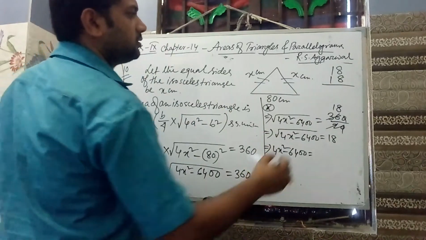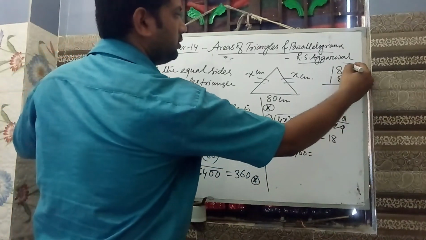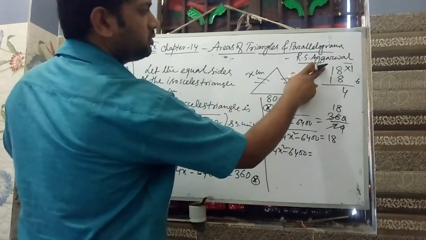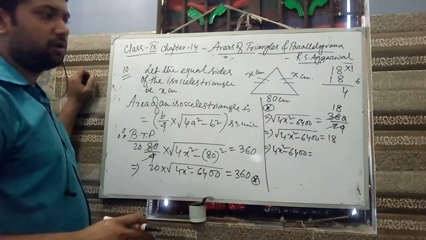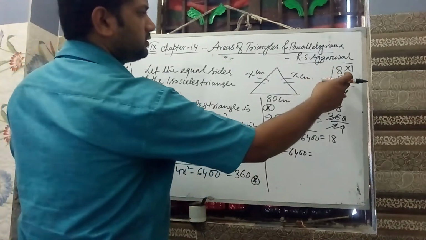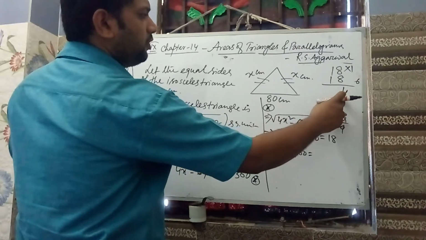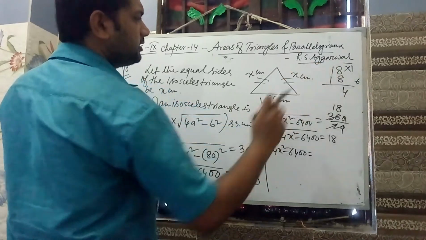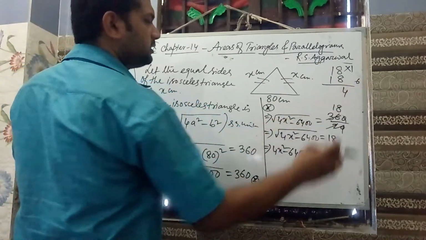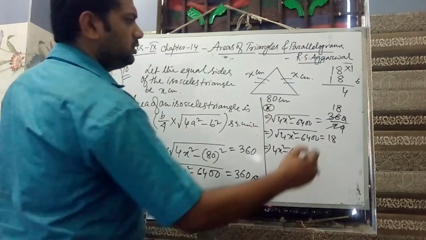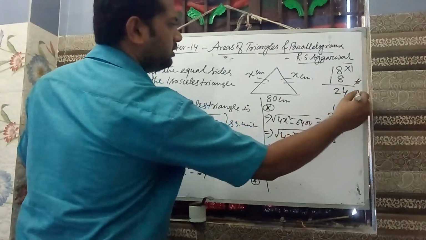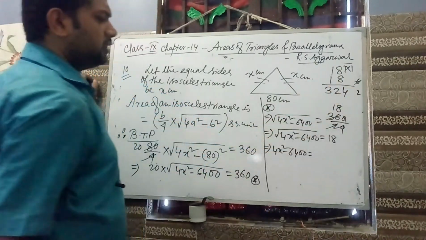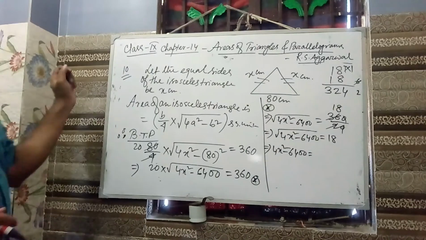We are using the Vedic method of multiplying two-digit numbers. 8 into 8 is 64, so 4, 6 in hand. Then 8 and 1, 8, plus the 6 in hand gives 14, 4 in hand, 1 into 1, 1 plus... So 18 square is 324.